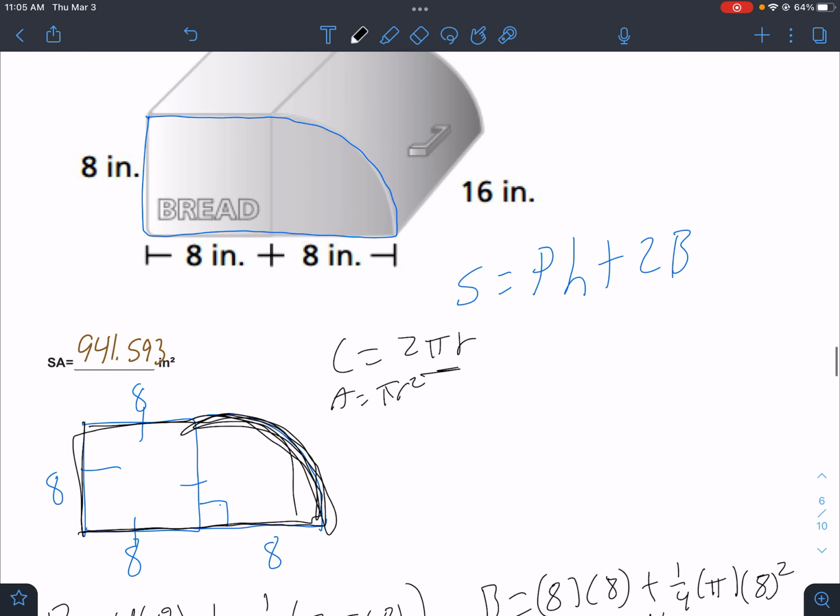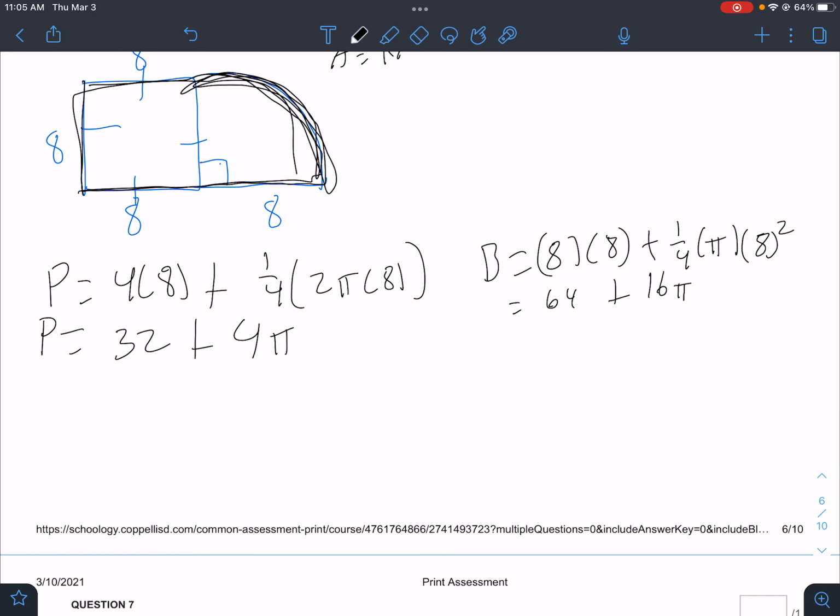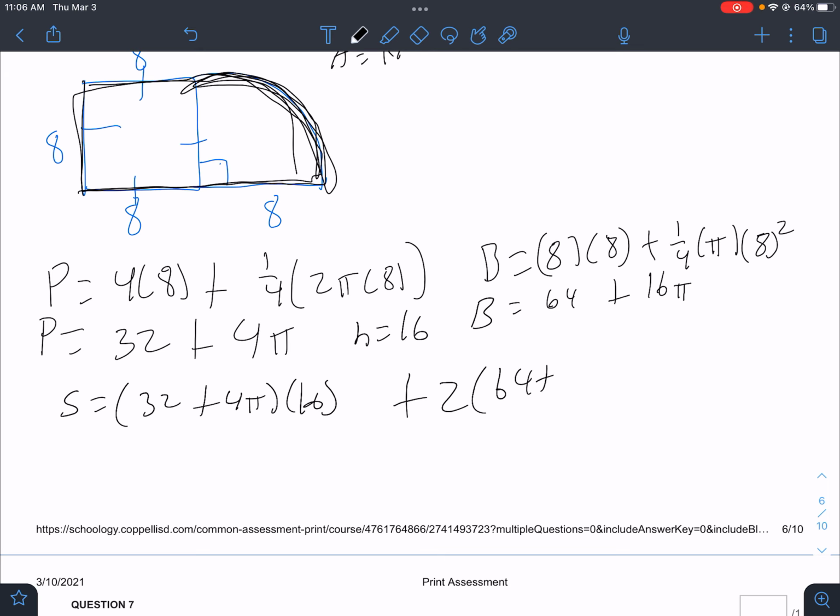So now we need to do pH. What is h? H is the distance between the bases. So h is 16. This is B, that's P, h is 16. So our answer is going to be pH, 32 plus 4 pi times 16, plus 2B, 64 plus 16 pi.